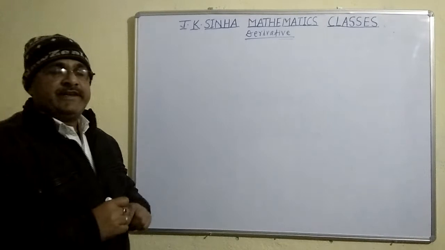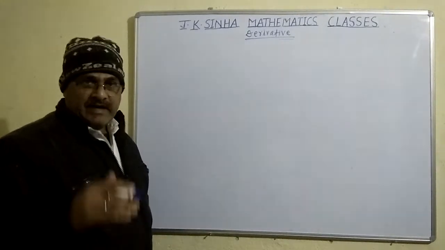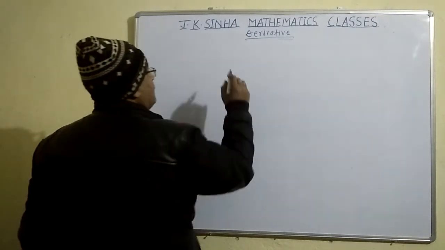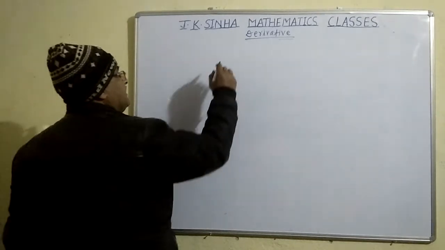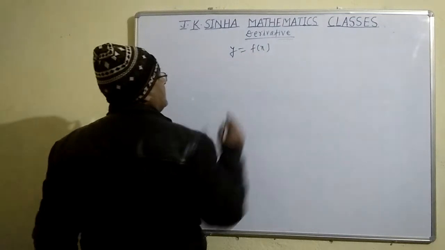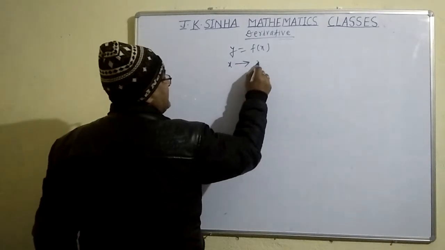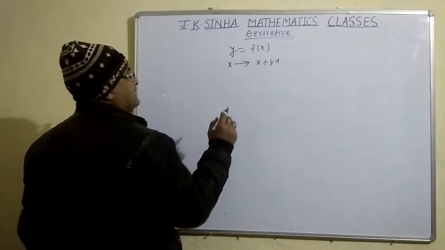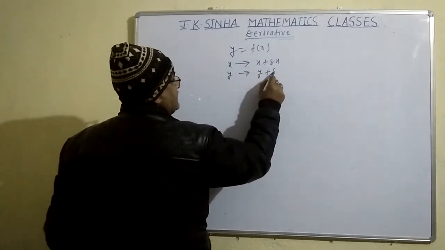Now we take an overview of all the three parts and try to understand the derivative of a function. Let y be a function in terms of x, that is y equal to f of x. Let x be changed as x plus del x, and the corresponding change in y is y plus del y.